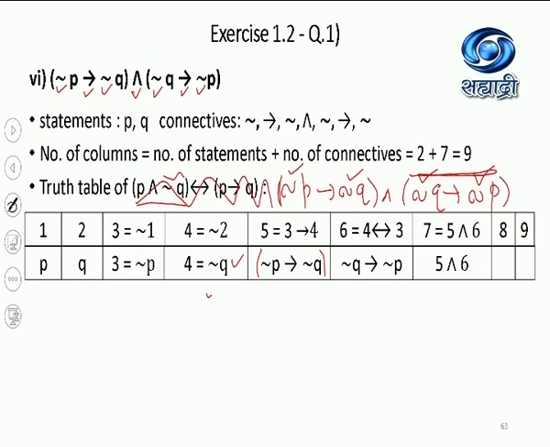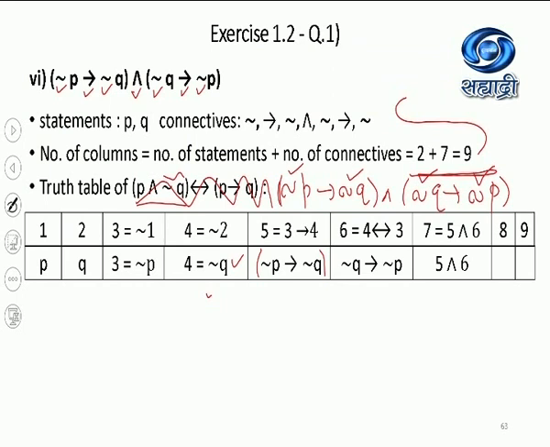Because I already have columns for negation P and negation Q, that is column 3 and 4, which I need not repeat. The choice is yours. If you want to repeat to match the number of columns with what the information is giving, the choice is yours. But my suggestion, avoid the repetition of writing the same column. That will save the time in the exam.